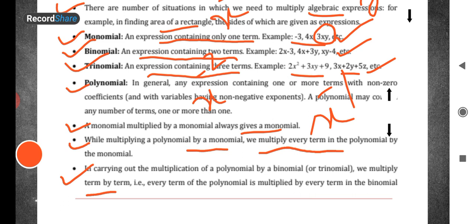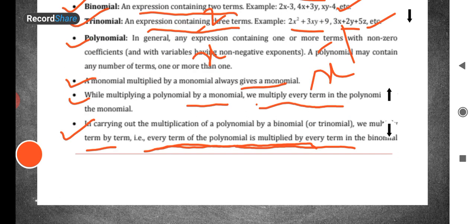That means every term of the polynomial is multiplied by every term of the binomial. Understood? In the exercise questions I will solve all these types of questions. Every term will be multiplied one by one, term by term.